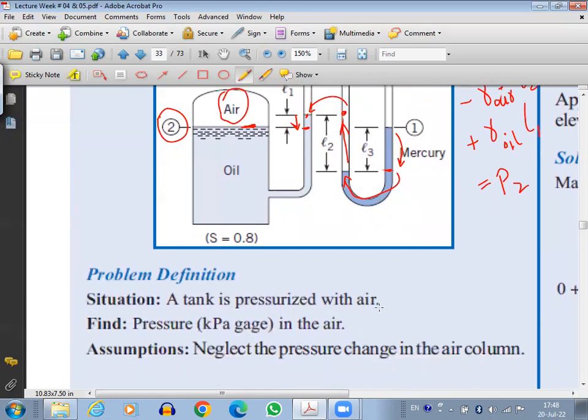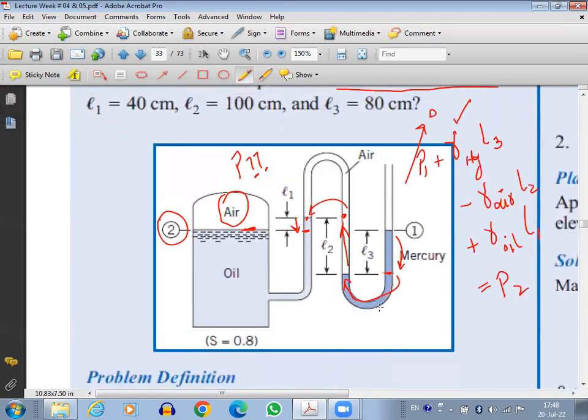For example here, the specific gravity of mercury is around 13.3 or something. So it will be provided, and based on the specific gravity you can find out the gamma. The formula is: specific gravity is equal to gamma of any fluid divided by gamma of water. Gamma of water is 9810. That I have told you that you should memorize it. So if the specific gravity of mercury is given, you can find out the gamma of mercury, right?